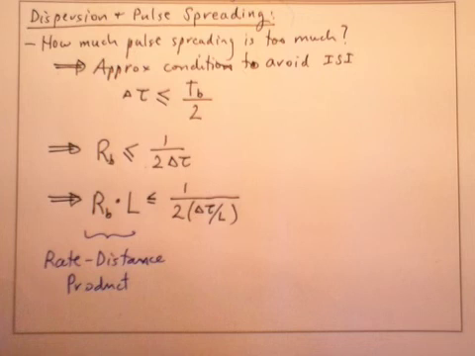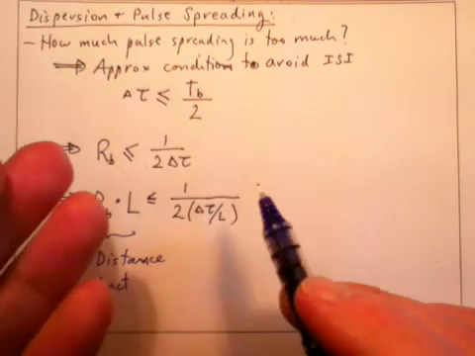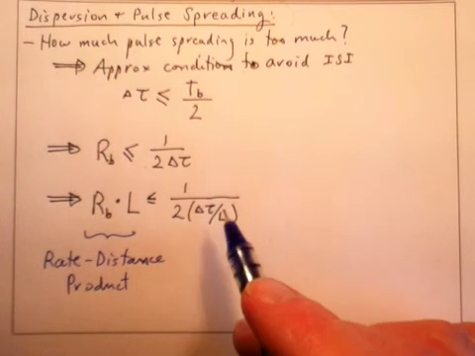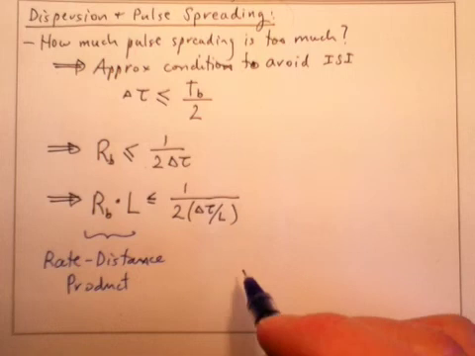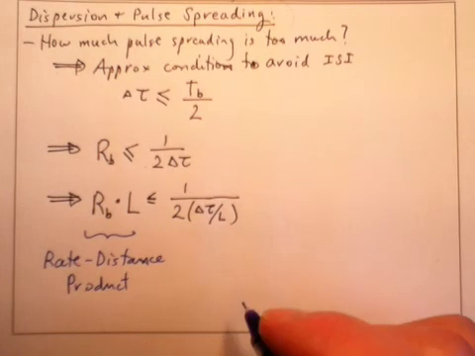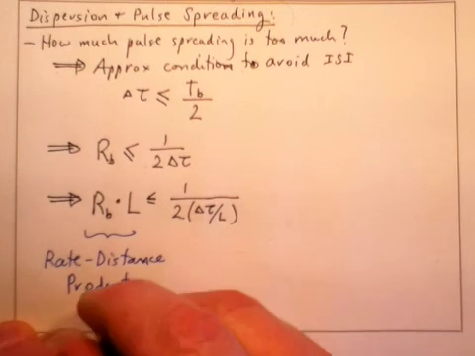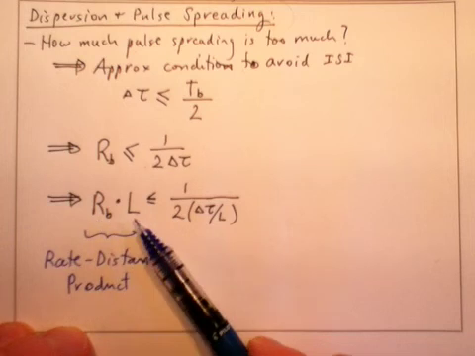Okay, and for a constant delta tau over L, that is for a constant pulse spreading in the fiber per unit length, that's more or less a constant. And so this is a very important fundamental relationship that characterizes the trade-off between high bit rate and long distance in communication systems.